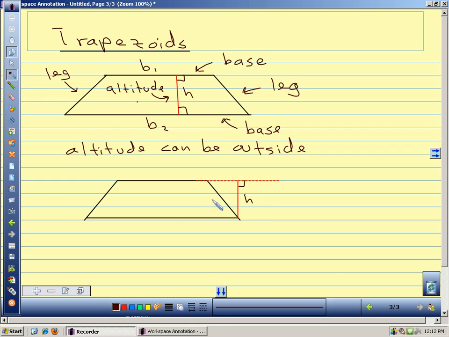And that would be our height. This would be B1 and B2. So we can put the altitude outside a trapezoid also, as long as it's perpendicular to the lines that connect the bases.